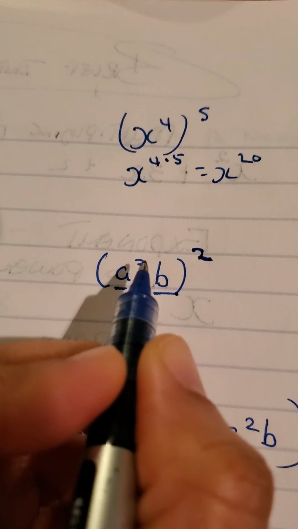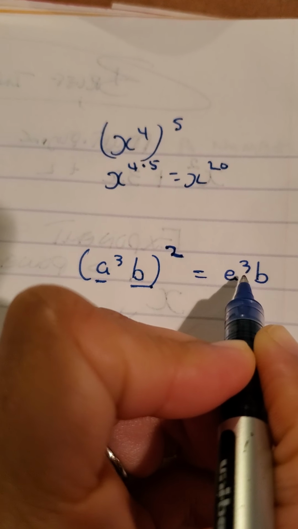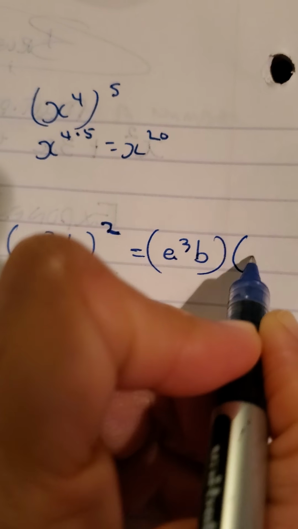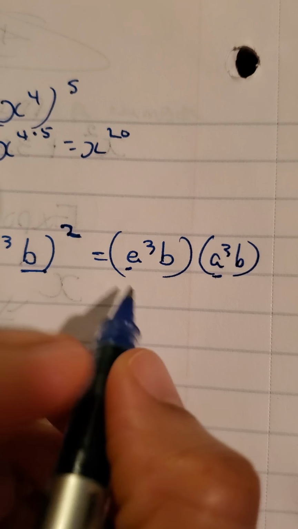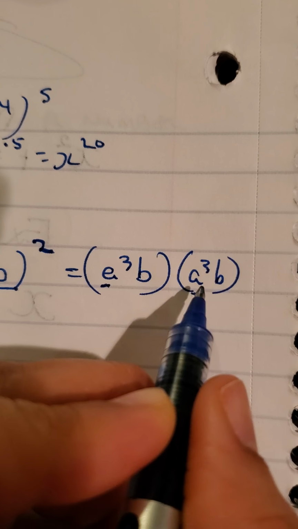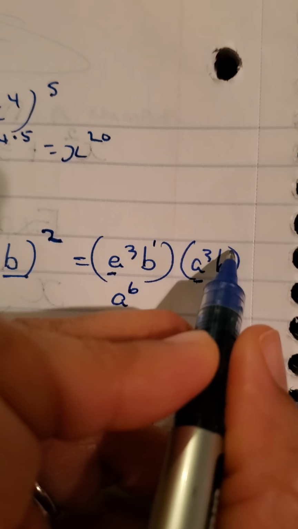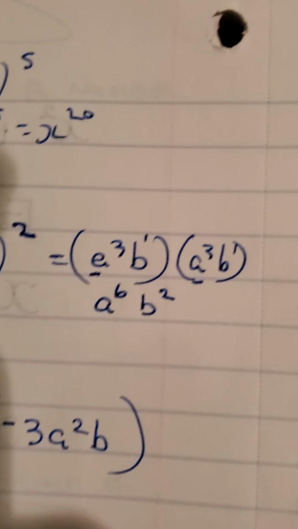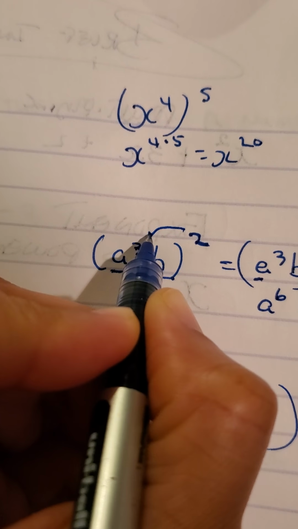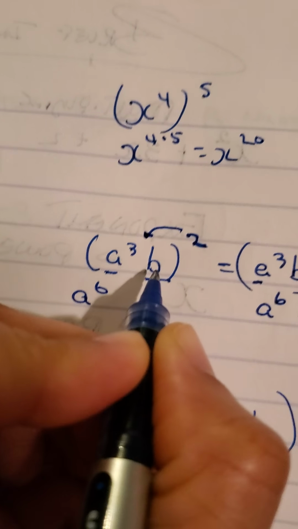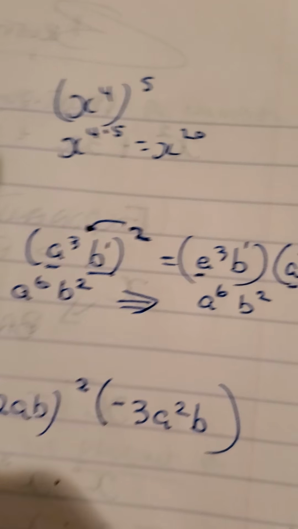My base here is a cubed b, so I have 2 powers of a cubed b times a cubed b. I have a cubed and another a cubed, so therefore I have a to the 6th. I have 1 power of b and another power of b, so I have b squared. Or I could simply say a to the 3 times 2, which is 6, and b to the 1 times 2, which is b squared. See the connection? All right.